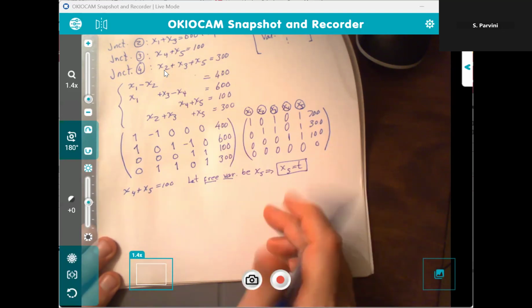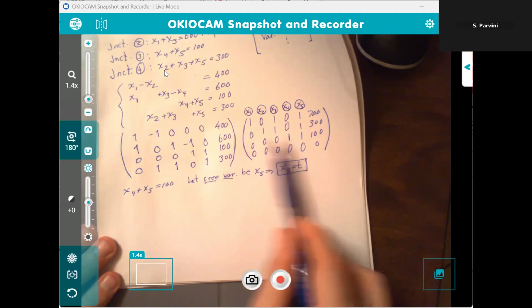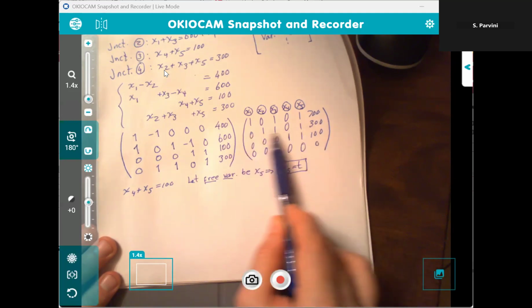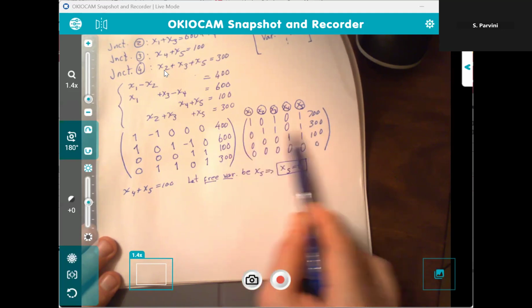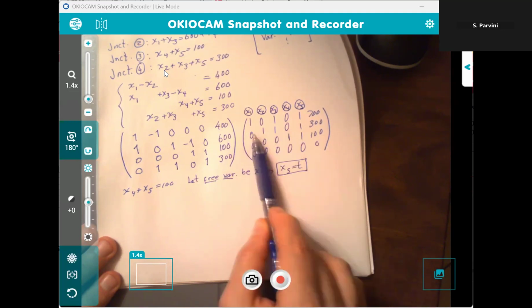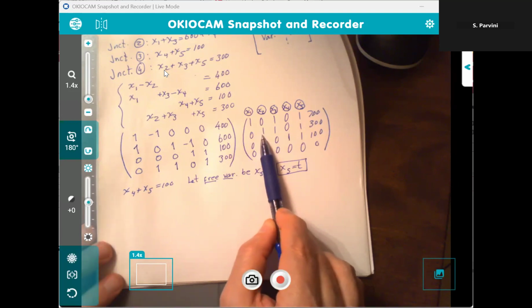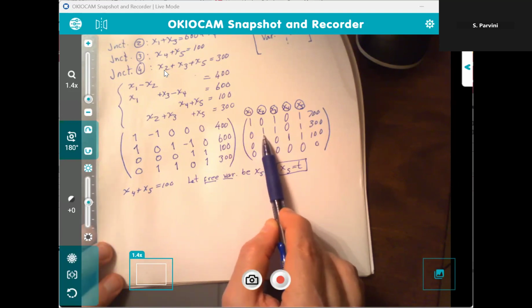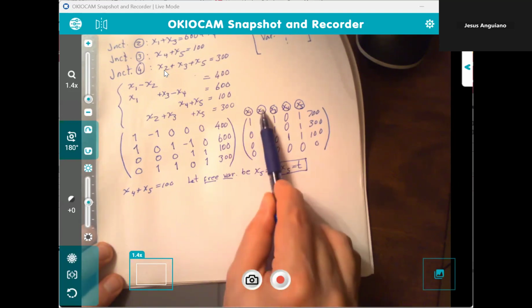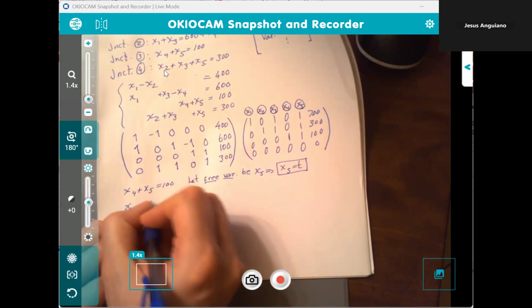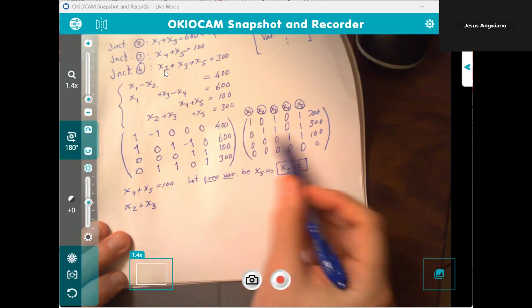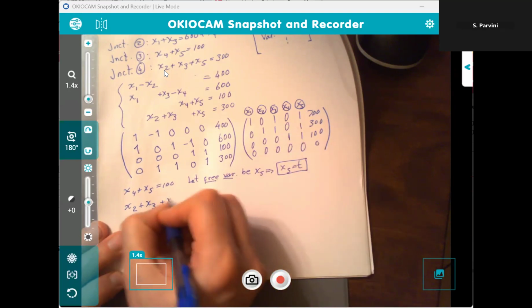Now, let's go to the second row, second equation. What does this read? X sub 2 plus x sub 3 plus x sub 5 equals 300.